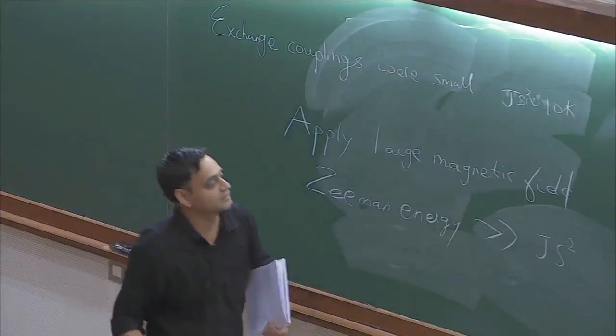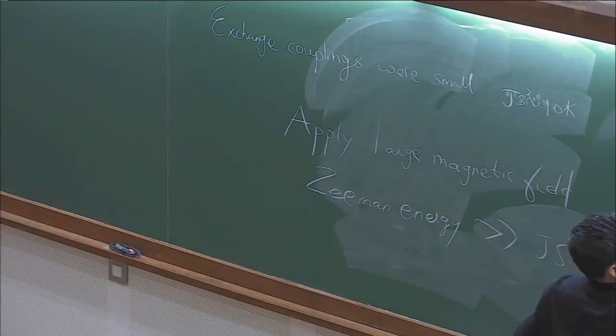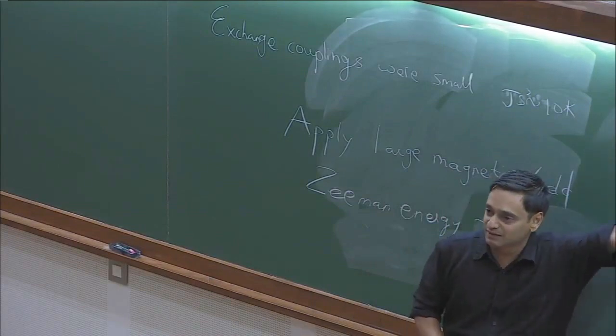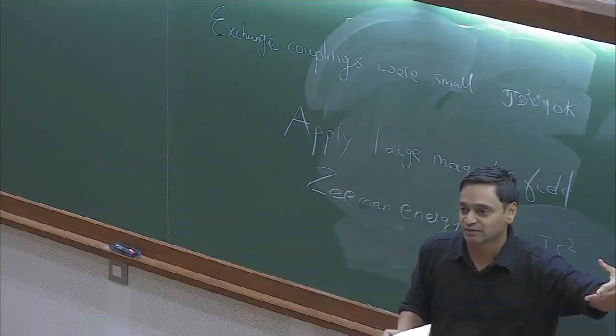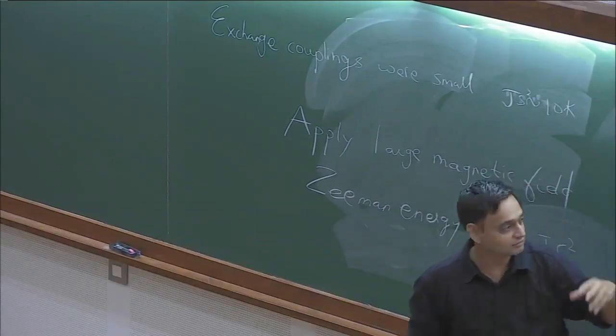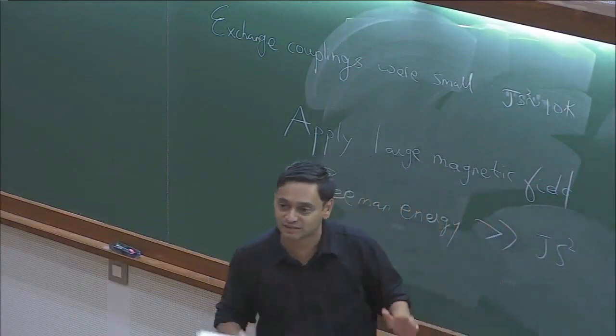So you begin with now a state which is just everything pointing along the field. Right? Even if I flip one spin, that's going to cost some energy. Right? In fact, that flipped spin is like a particle. Right? It's the quote-unquote quasi-particle excitation of this ground state, the polarized ground state.